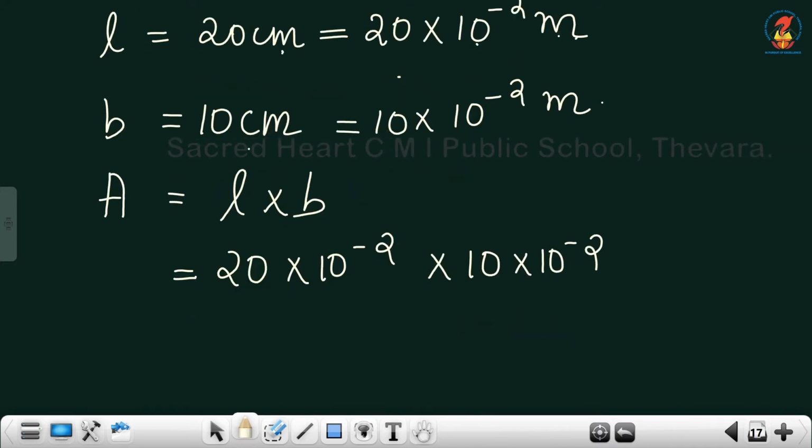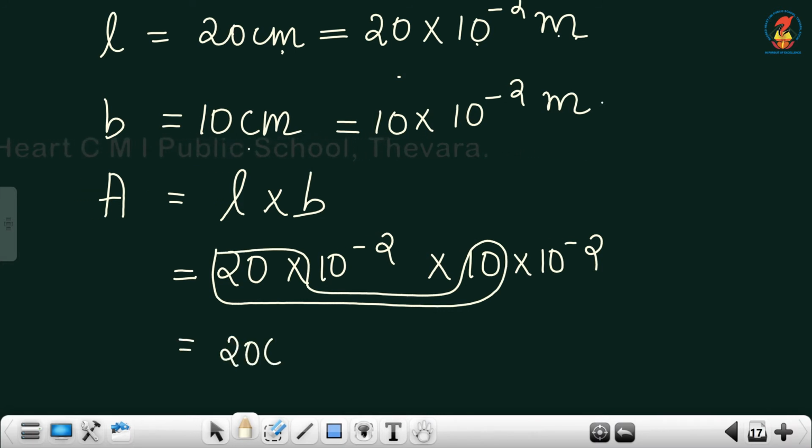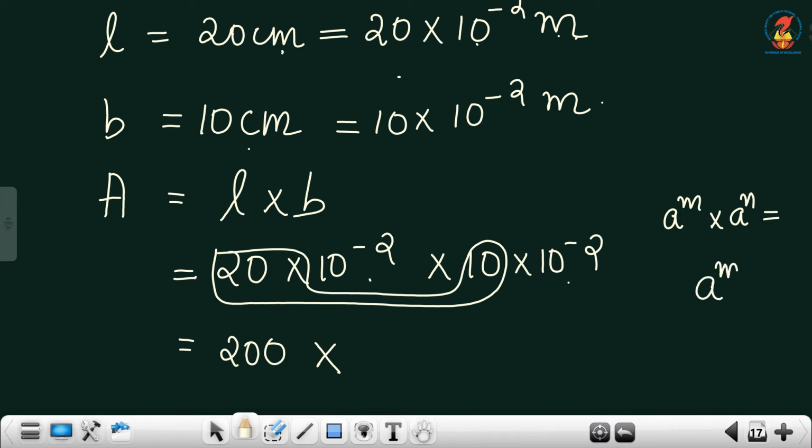Now, what is 20 into 10? It is 200 into 10 raised to minus 2 into 10 raised to minus 2. According to the law of exponents, a raised to m into a raised to n is a raised to m plus n. So, here we have 10 raised to minus 2 into 10 raised to minus 2, that is 10 raised to minus 2 plus minus 2.